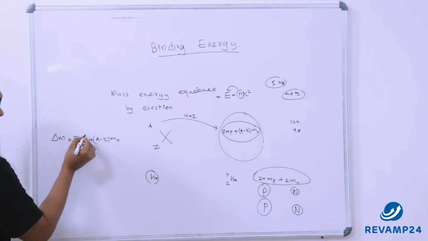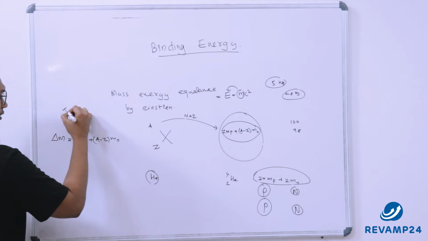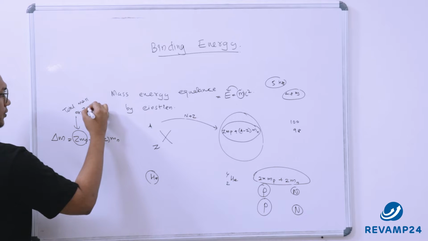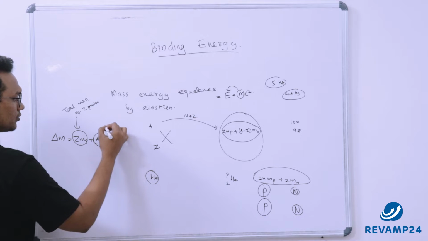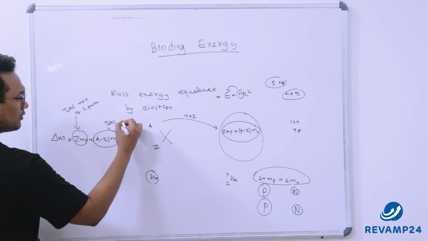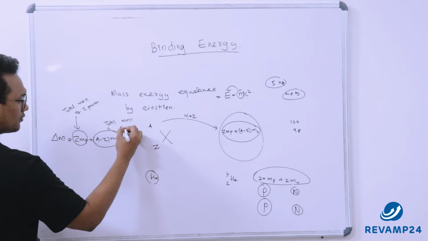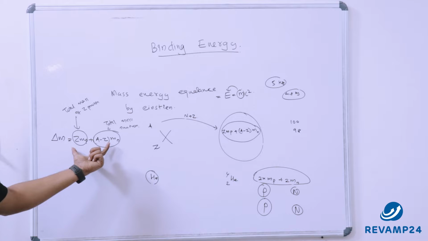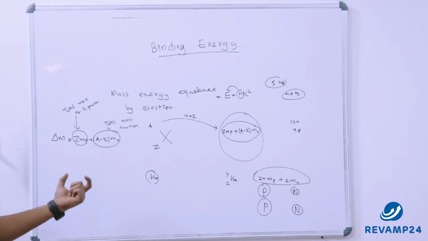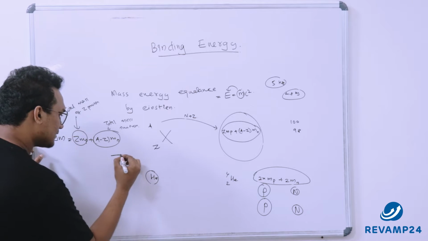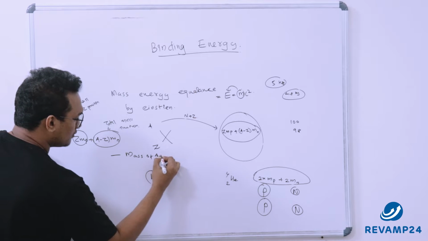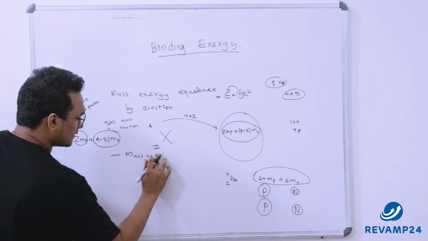This is the total mass of the Z protons, and this is the total mass of the neutrons inside the nucleus. On adding these, we get a number that is greater than the mass of the actual nucleus.